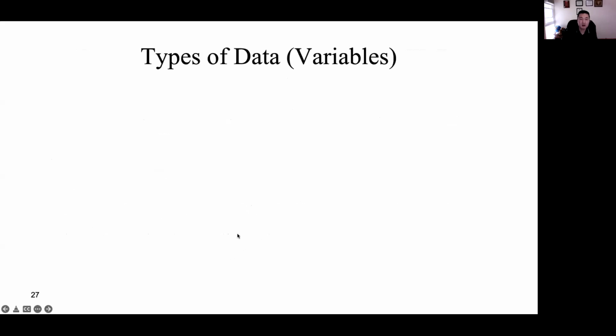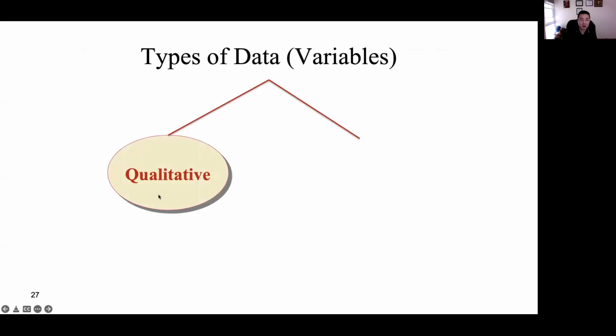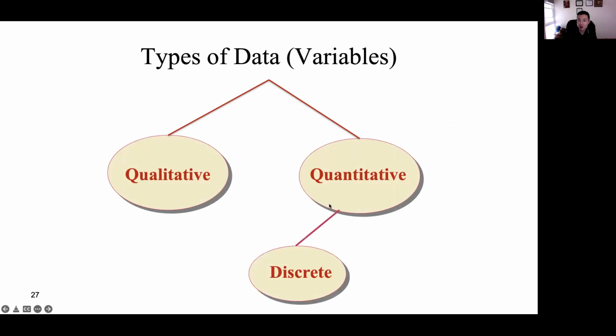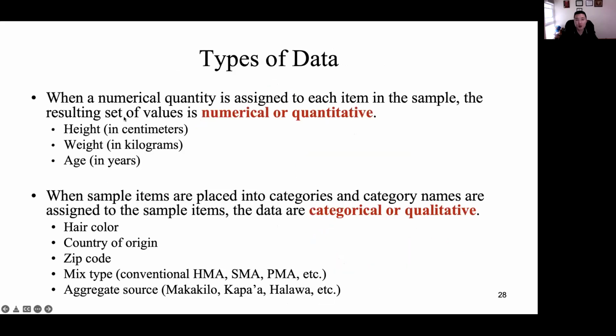For data, we also have two major types, qualitative and quantitative. For quantitative, we have discrete and continuous variables. When a numerical quantity is assigned to each item in the sample, and the resulting set of values is numerical, such as how many centimeters in height, how many kilograms in weight, and age in years, this is an example of numerical quantitative data.